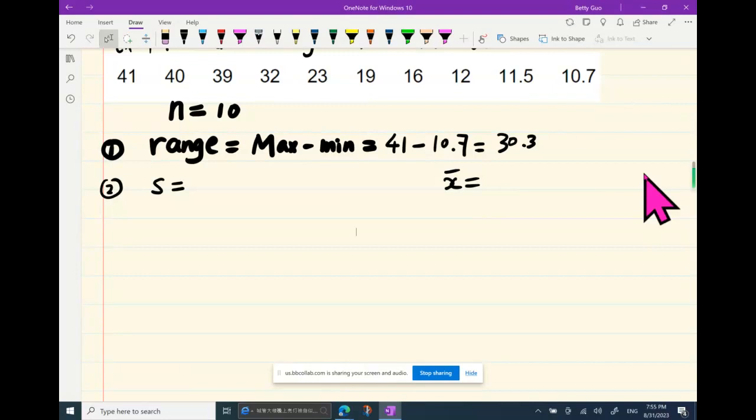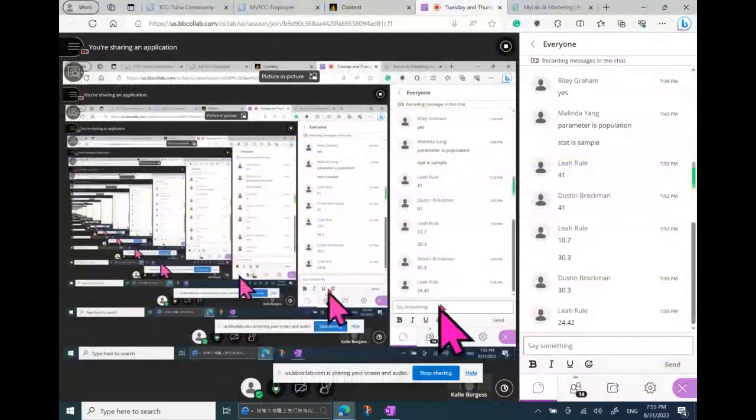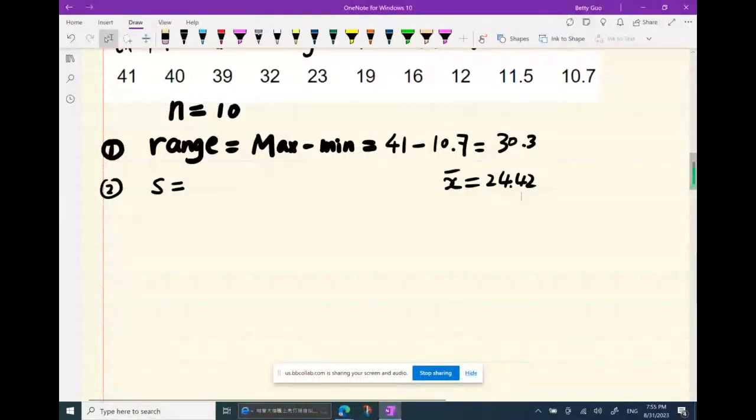My sum is 244.2, and then divide by 10. I have 24.42. That is my center, the sample mean. Yeah, exactly. Thank you, Leah. So that's the first thing. We find the sample mean.